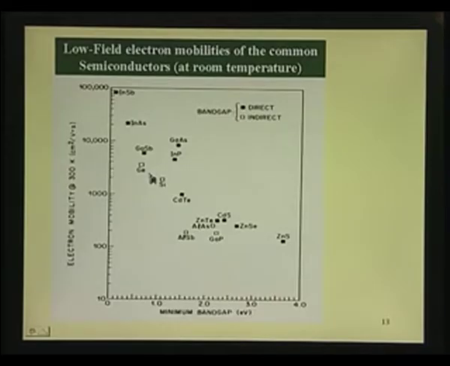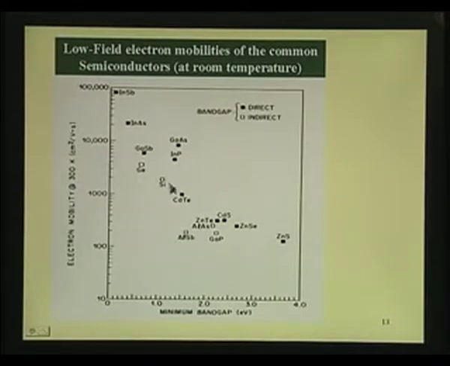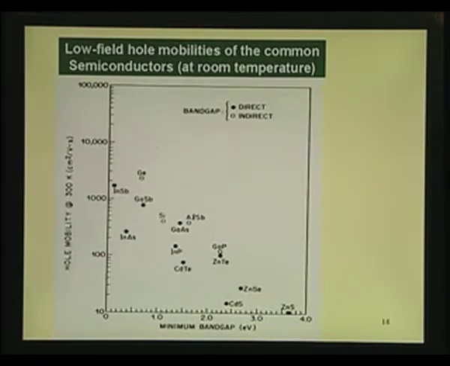They are termed as direct band gap materials. Wherever I have put that filled square, they are called direct band gap materials. The materials which are open, just a square without filling, are called indirect band gap materials.